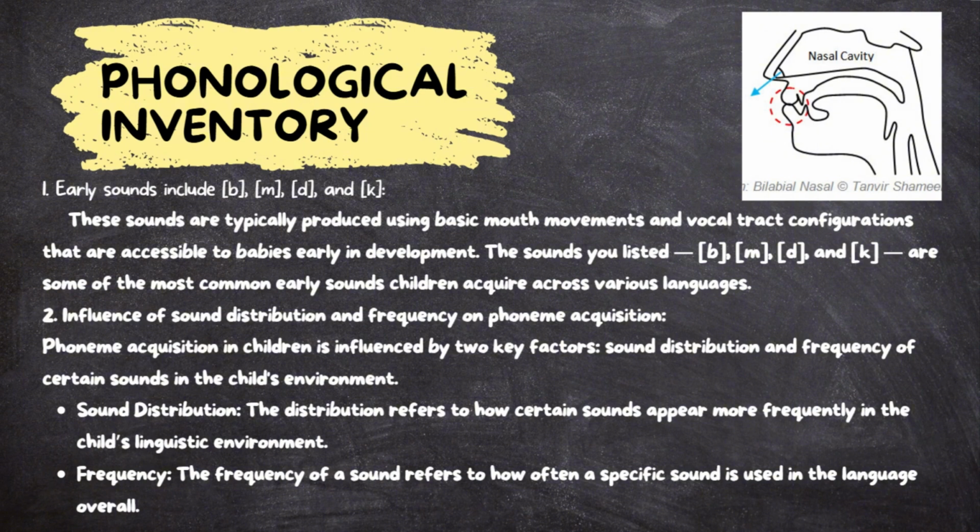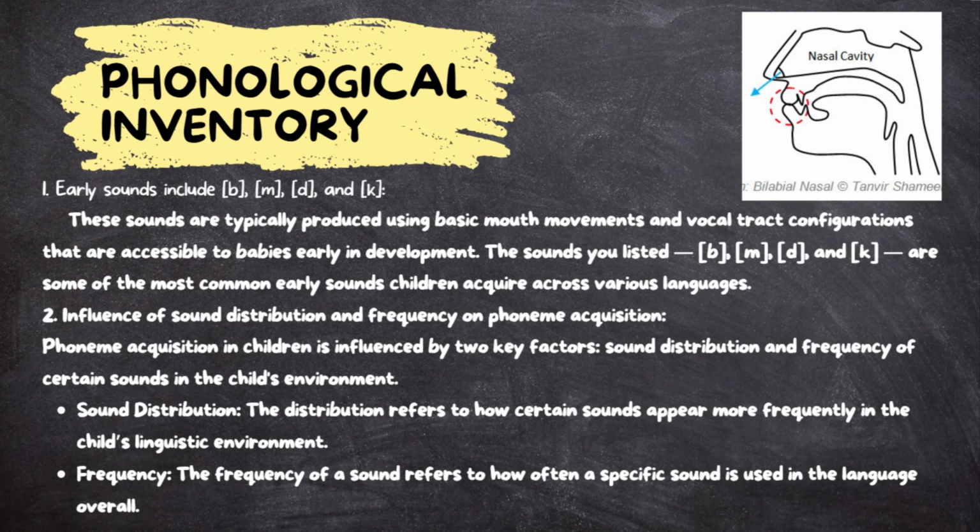In the sound distribution, the distribution refers to how certain sounds appear more frequently in the child's linguistic environment. Like, if a language has more words that contain certain sounds, a child will be exposed to those sounds more often, and as a result, they will likely acquire them earlier.